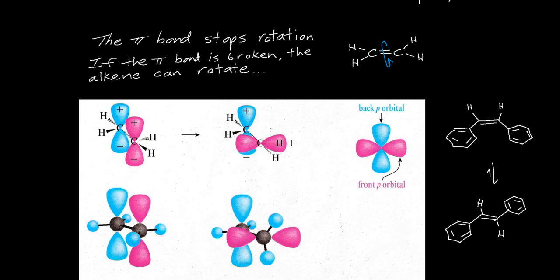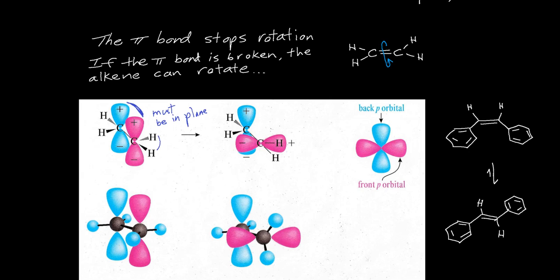However, if the pi bond is broken, then the alkene can rotate. In fact, a better way to say it is, in order to rotate around a double bond, you have to break the pi bond. So if you look at these pictures here, ignoring the colors, this pi bond here has been formed because it's in plane. It has to be in plane to form and to maintain itself.